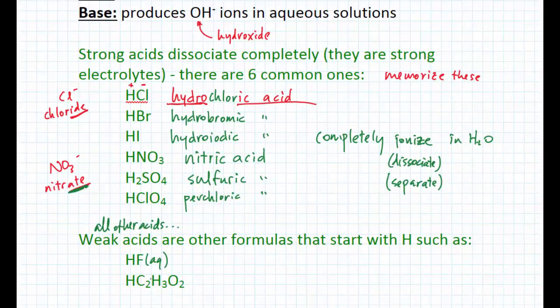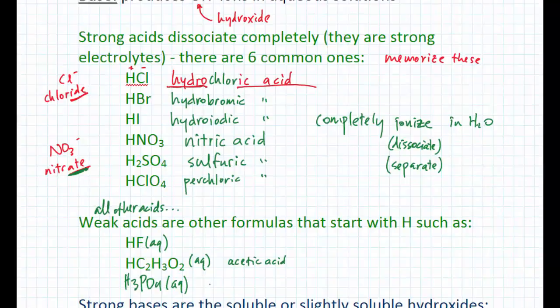Here's H and acetate. So what's the name of this acid? Yeah, this is acetic. Another one that tends to throw people off guard, H3PO4 is phosphoric acid. That is a weak acid.